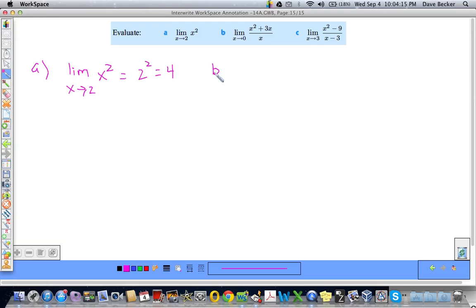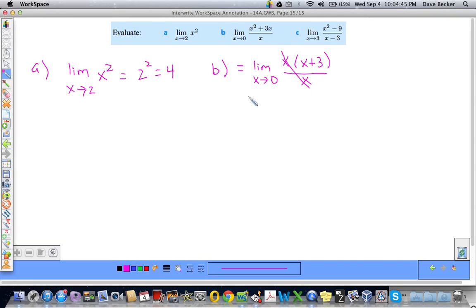What about b? Well, I cannot replace x with 0 because I would have something undefined. So this would equal the limit as x approaches 0. Don't forget to write the limit as x approaches 0, otherwise it's wrong. I can factor out an x times x plus 3 and put that over x.